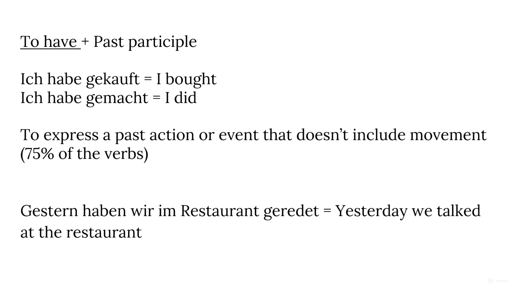And in German, sometimes you have to switch between the pronoun and the verb, but this is for another lesson. So for now, you have gestern haben wir, and then you don't write the second verb, geredet, but you write first at the restaurant. So, gestern haben wir im Restaurant geredet.